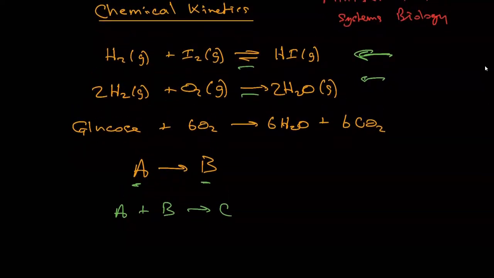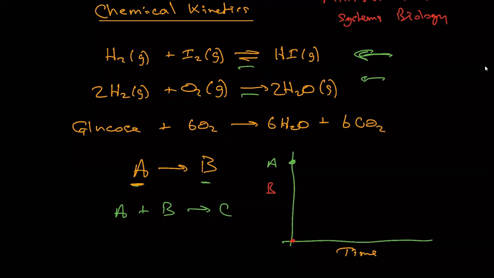So one thing to bear in mind is that when you start a reaction, in this case, A might get used up as the reaction proceeds, and in the process I form B. So if I were to plot the concentration of A and B versus time, let's say I started off with a whole load of A, and of course I assume I have no B at all.